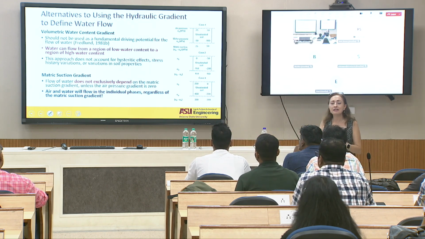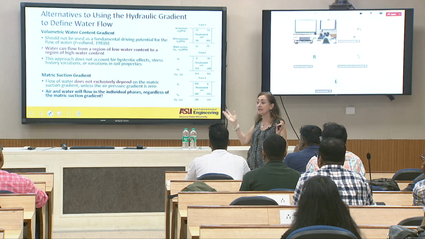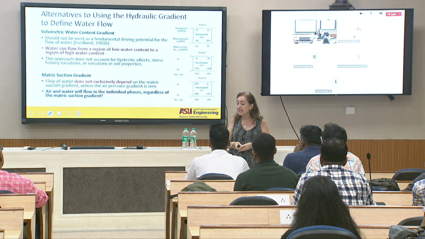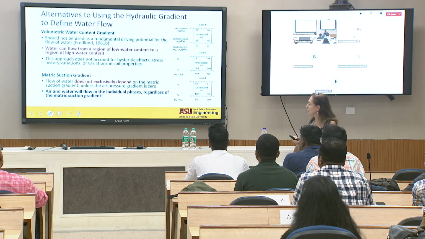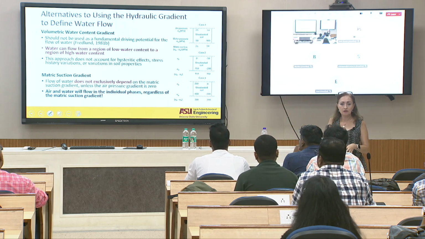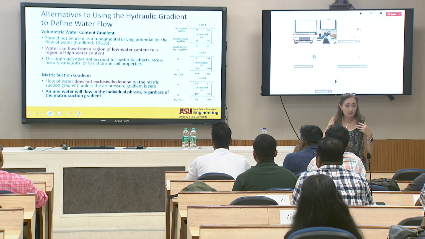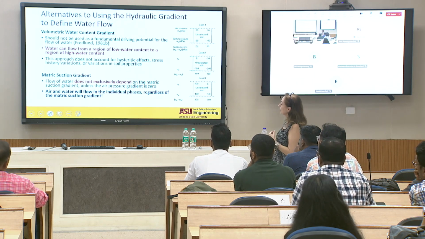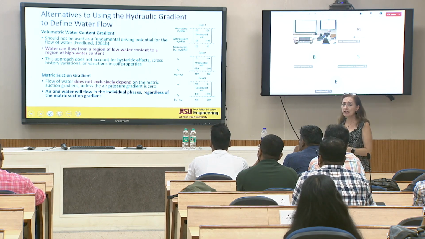And this is another lengthy story about thermal gradients, hydraulic gradients, and every single potential gradient due to different concentrations. So water can also flow from a region of lower content to a region of high water content. So this is not a good approach for modeling water movement. This approach doesn't account for hysteretic effects, the stress history variation, or any variation of soil properties, right?